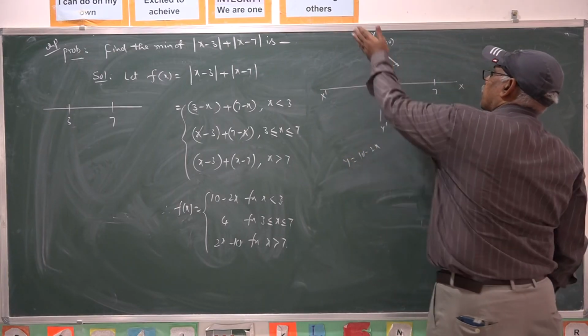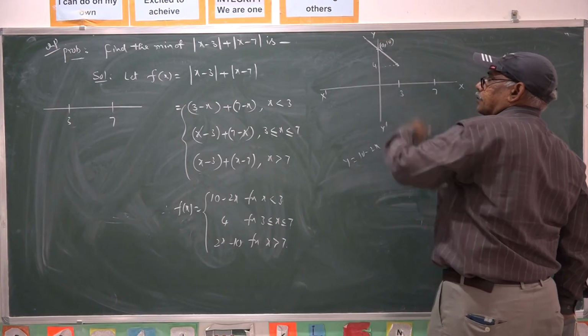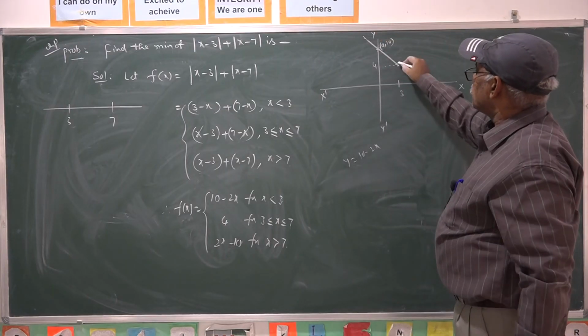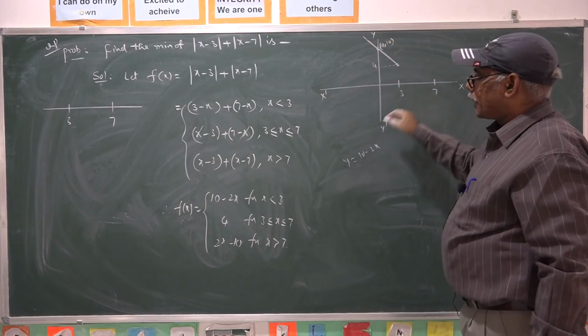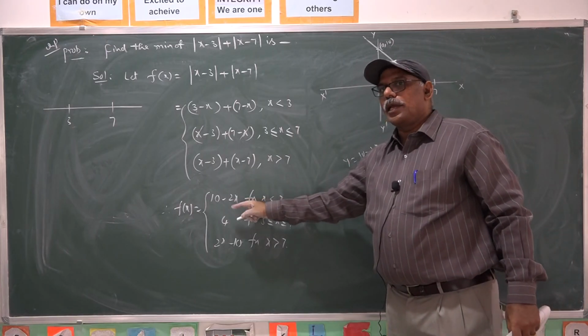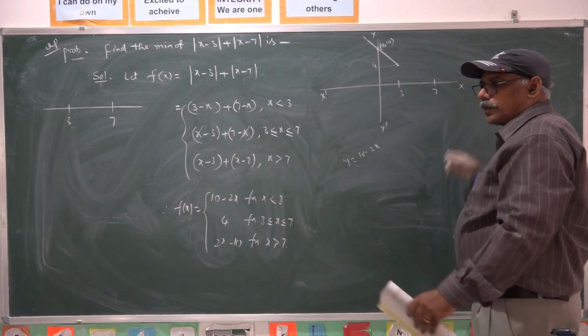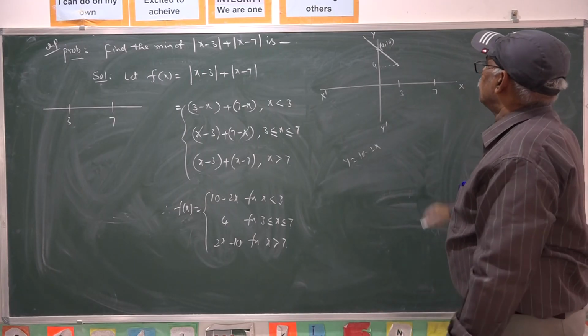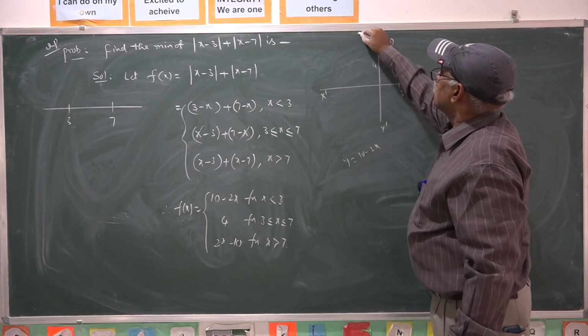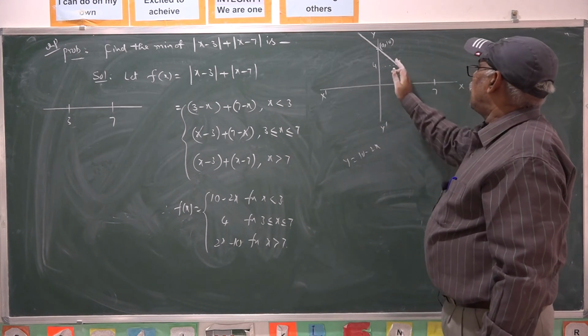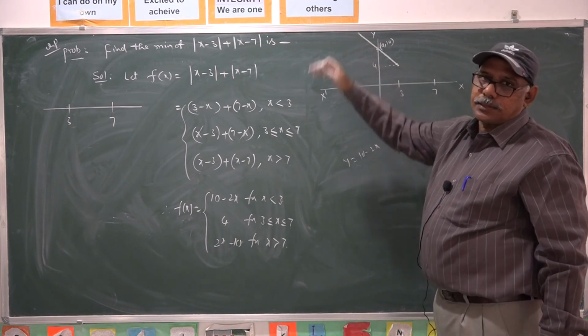So, y equals 10 minus 2x is a straight line. Once you extend this, it is making an obtuse angle. The slope here is negative, hence it is making an obtuse angle with the positive direction of the x-axis. So you can extend like this, from this point you can extend like this.